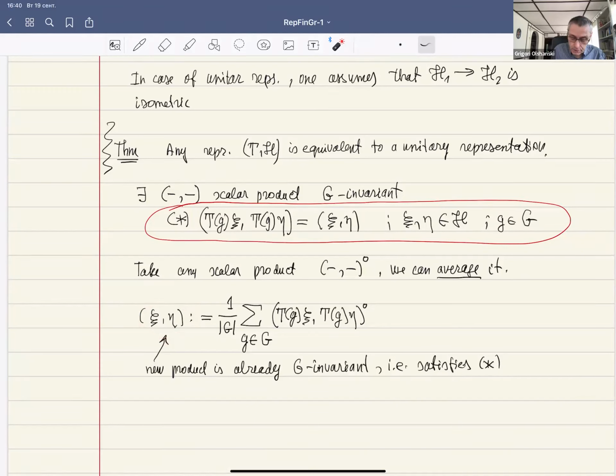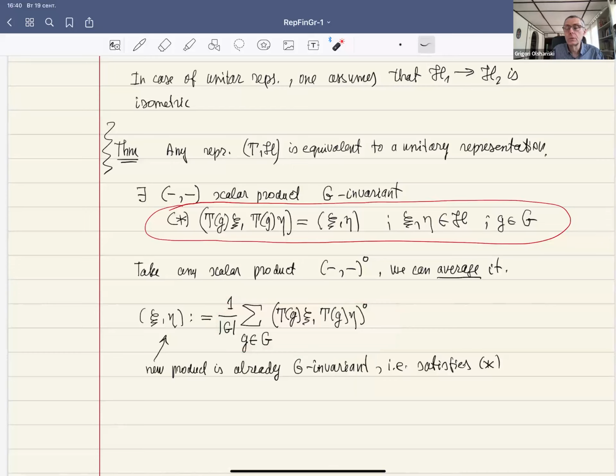Why? Because if you insert here some element, and here also this operator, what happens on the right-hand side? We have to insert h inside this, but this expression remains intact. So this is the idea of averaging.